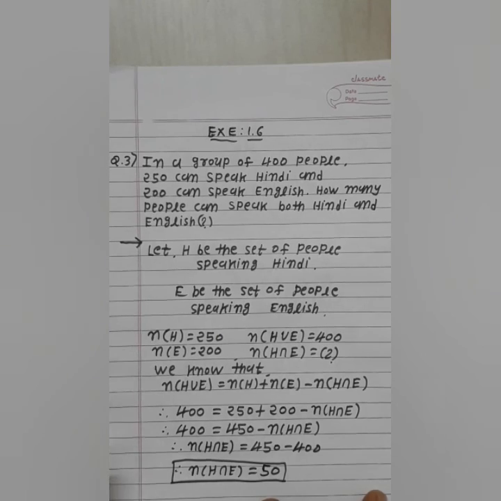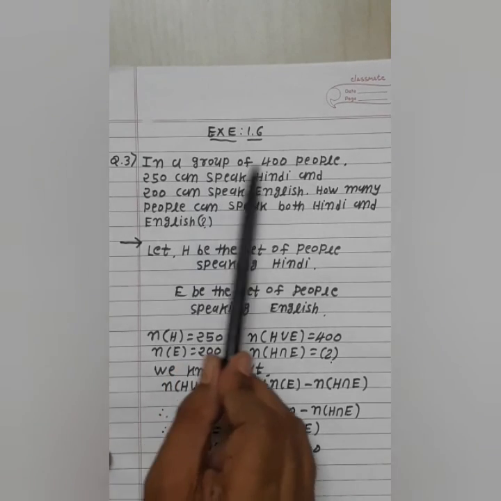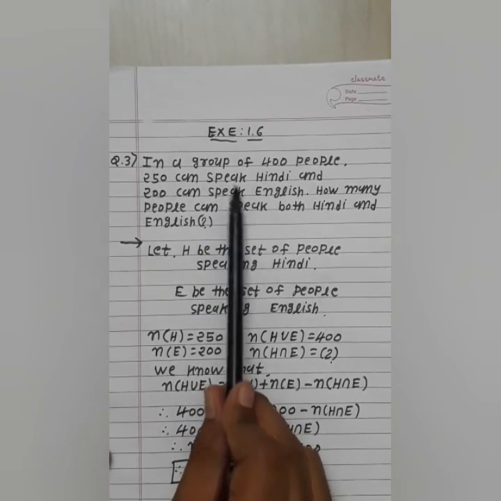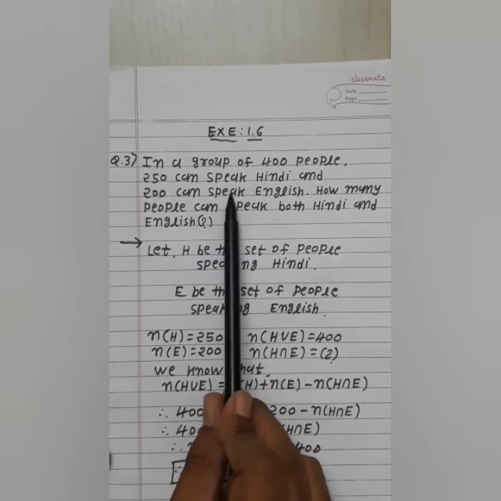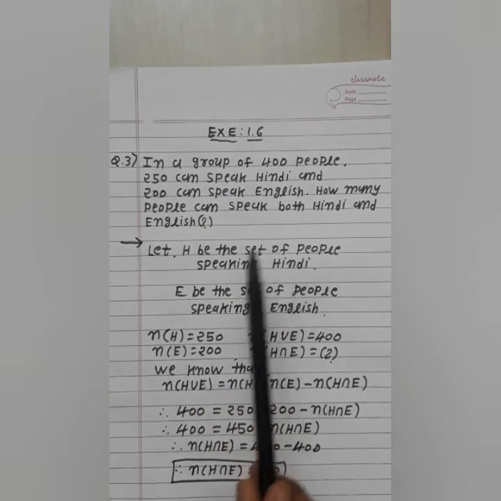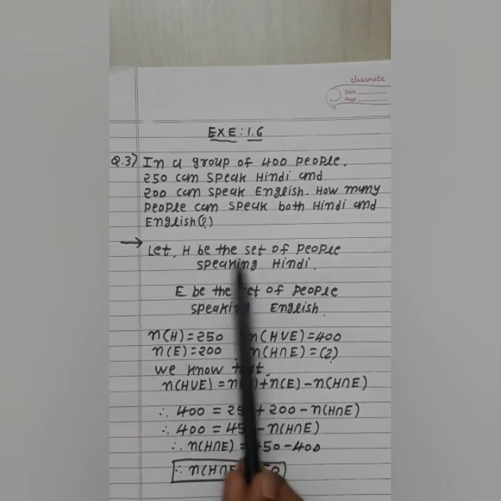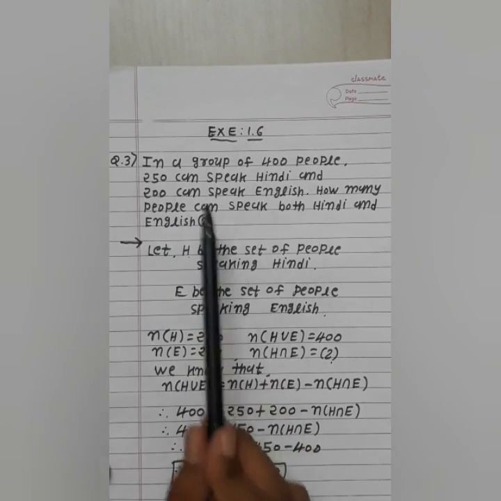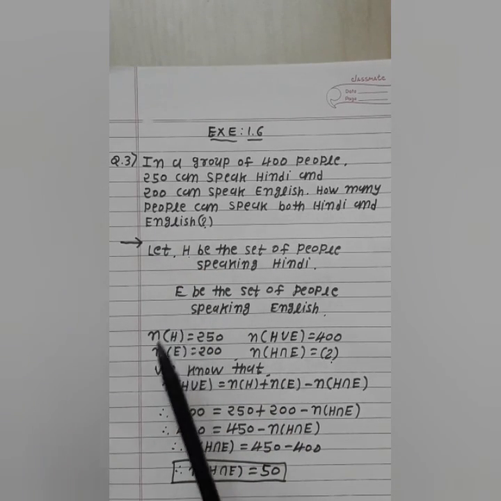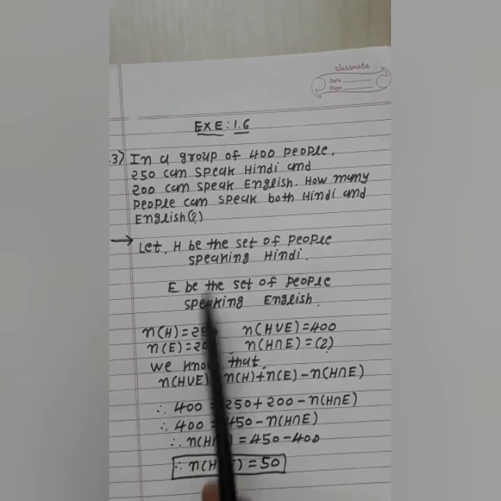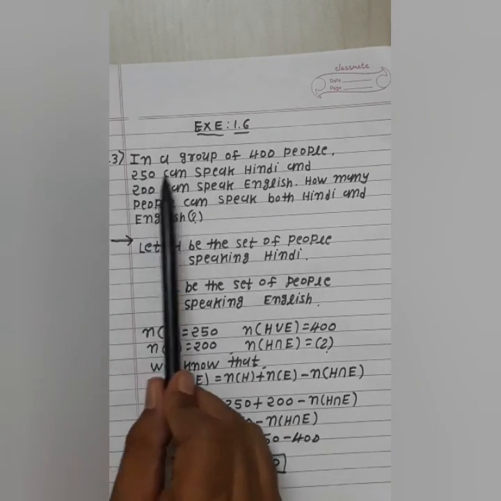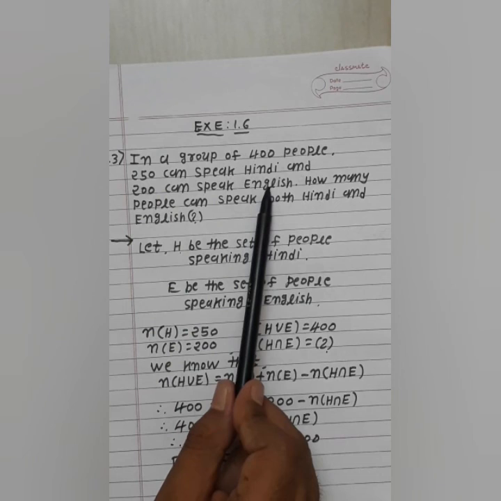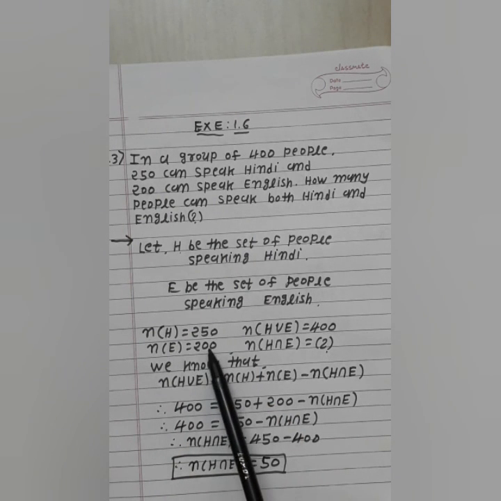So once again in this question, in a group of 400 people, both types of people are present. People can speak Hindi and people can speak English. Hindi speakers we denote by capital H, and English speakers by capital E. 250 people can speak Hindi, so N of H is equal to 250, and 200 people can speak English, so N of E is equal to 200.